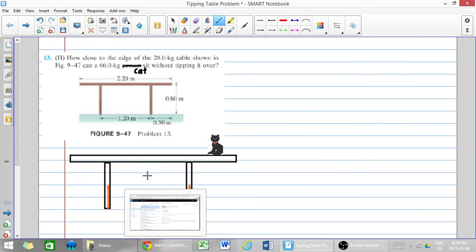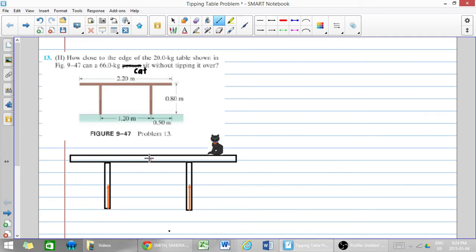You have to consider the mass of the table as well. This is totally symmetric. We take the whole weight of the table as acting right in the center of the table. And then we will also have weight from our 66 kilogram cat. Again, suspending disbelief.